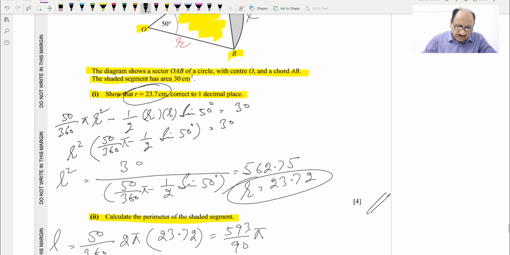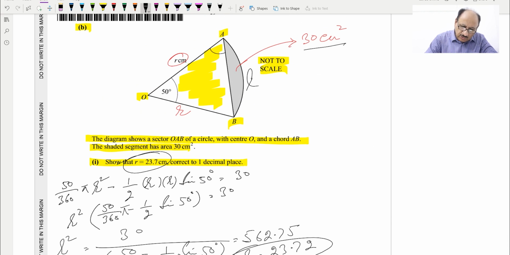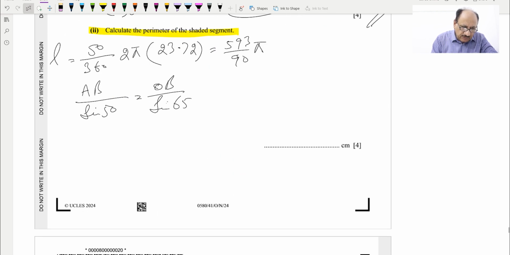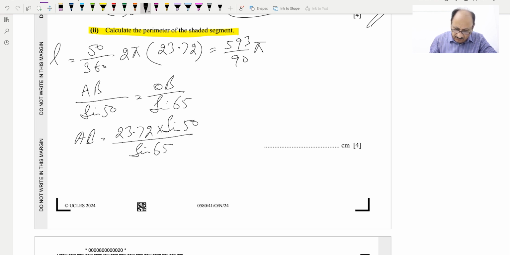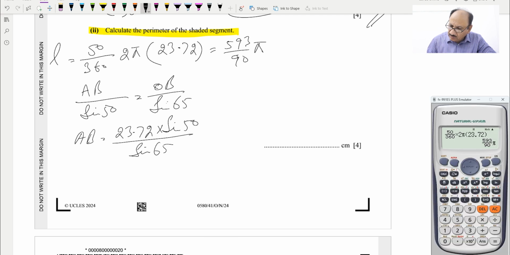From where did we get 65? This angle is 50, so this will be 65, or both angles will be 65. So we can write AB is equal to, OB is 23.72 multiplied by sine of 50 over sine of 65, and this one we can calculate.